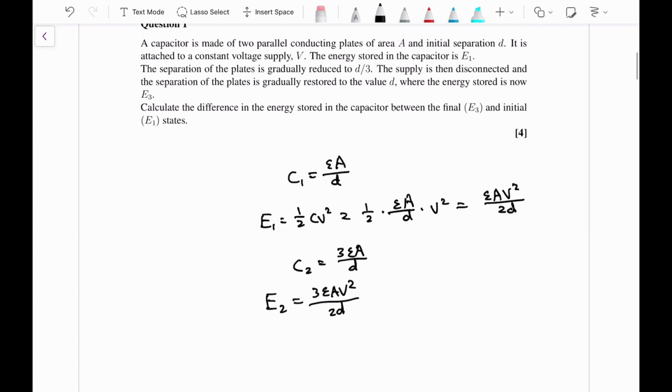Okay, and then it says the supply is disconnected and the separation of plates is gradually restored to the value D. The major difference right now is that the supply is disconnected. If the supply is disconnected, there won't be any supply of current.